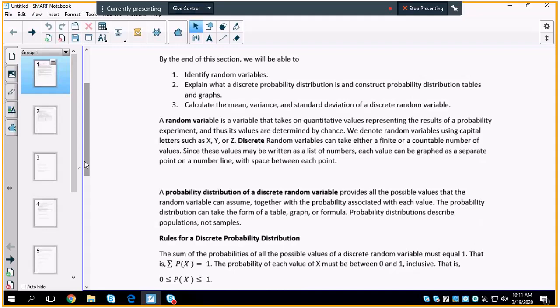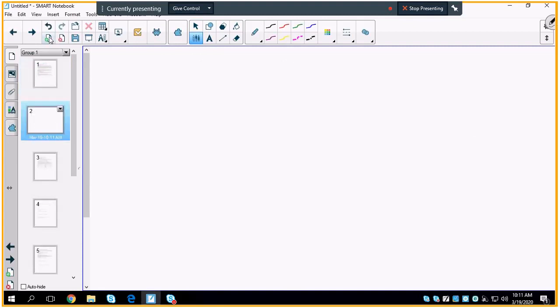Let me pause for a second and give you an example to elaborate the concept of a discrete random variable. First and foremost, we should think about experiments where the outcomes are numeric. So think about the experiment of tossing a coin.